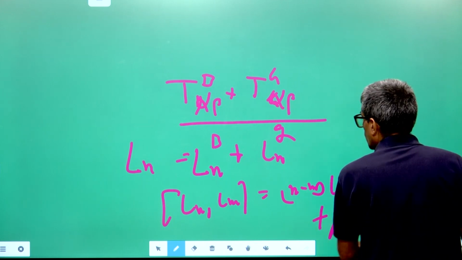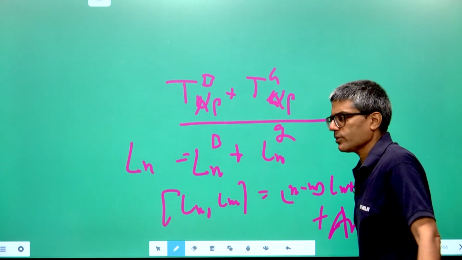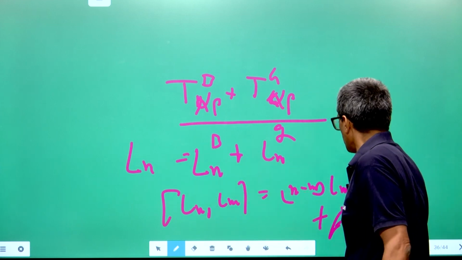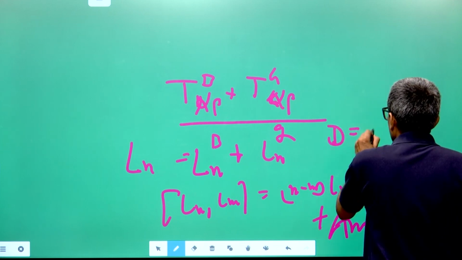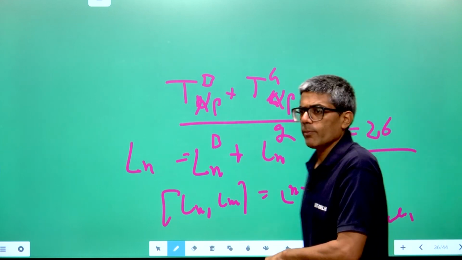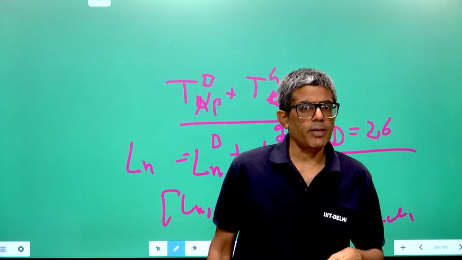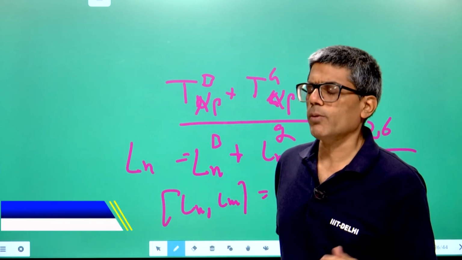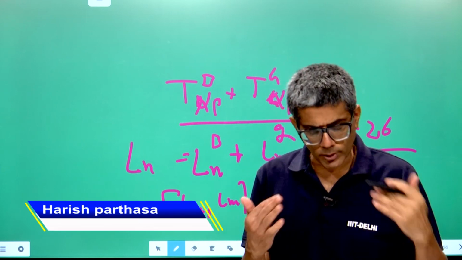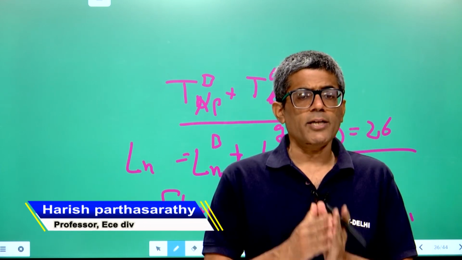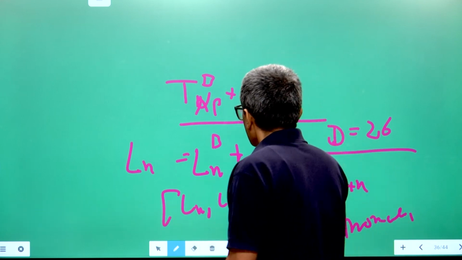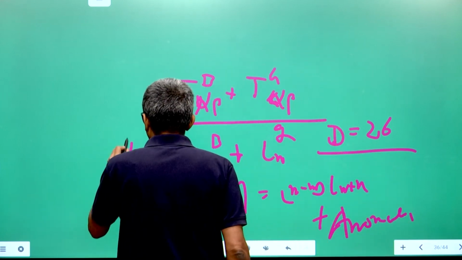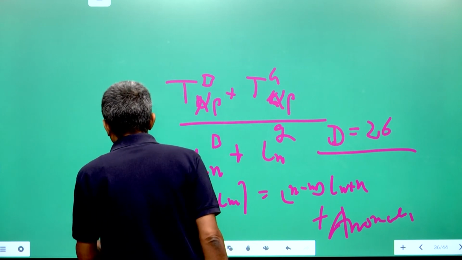The anomaly will come due to the anomaly in the bosonic string which we just saw, plus an anomaly in the ghost string, and if you want this anomaly to be zero, then D must be taken as 26. That is, if the ghost Virasoro anomaly cancels out the Virasoro anomaly of the bosonic string, then that happens when and only when D equals 26 and a equals 1. That means Lorentz invariance should be there and the critical dimension of the string should be 26.